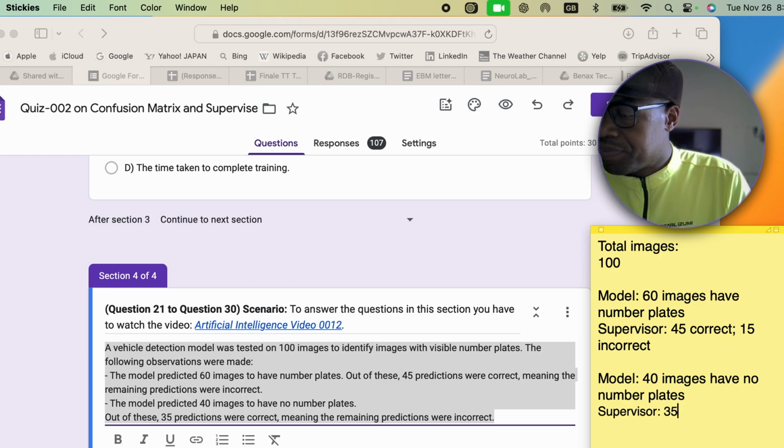That means 35 correct and the remaining 5 incorrect.